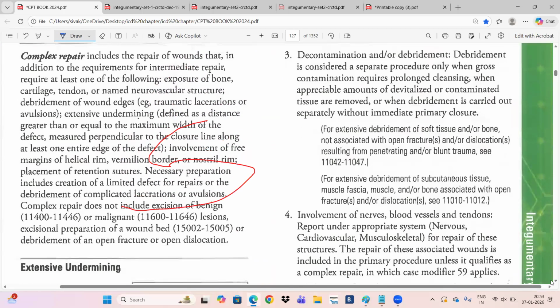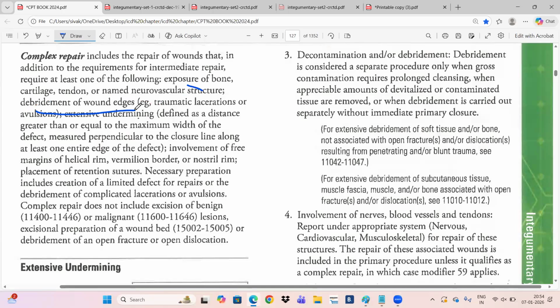complex repair. Complex means here depth should be exposure of bone, cartilage, tendon, or named neurovascular structure. Debridement of wound edges is compulsory; they need to perform debridement of wound edges, guys. Without debridement of wound edges, it should not be a complex repair.